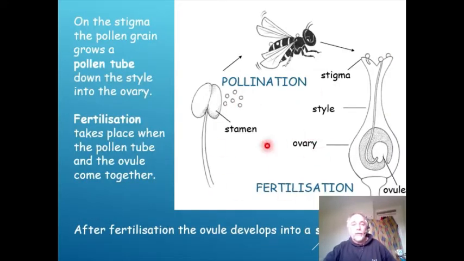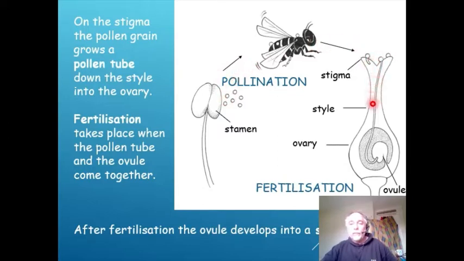Here we see a graphical representation of pollination and fertilization. It starts with the pollen on the male part of the plant. This can be transferred by insects or other animals, moved from one flower to another. It can also be transferred by wind, or it can fall off by gravity. We'll look at some of the ways in which that's possible. But the pollen has to get to the stigma, where a pollen tube forms.